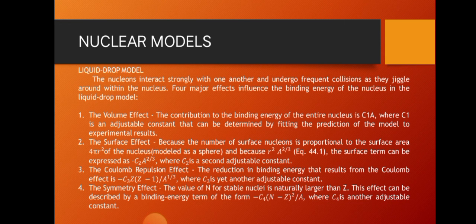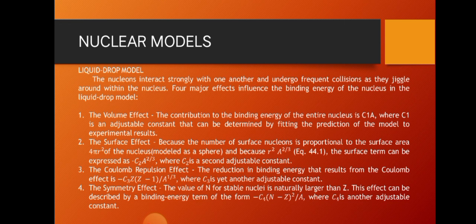Number three, the Coulomb repulsion effect. The reduction in binding energy that results from the Coulomb effect is negative C3 Z multiplied by Z minus 1 divided by A raised to 1/3, where C3 is yet another adjustable constant.